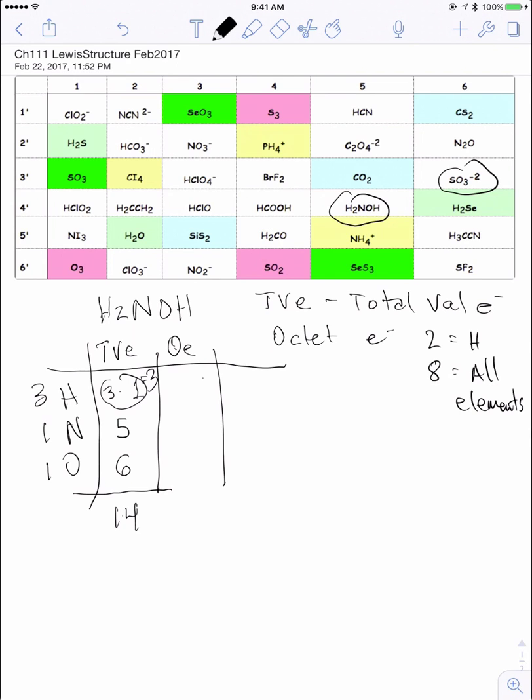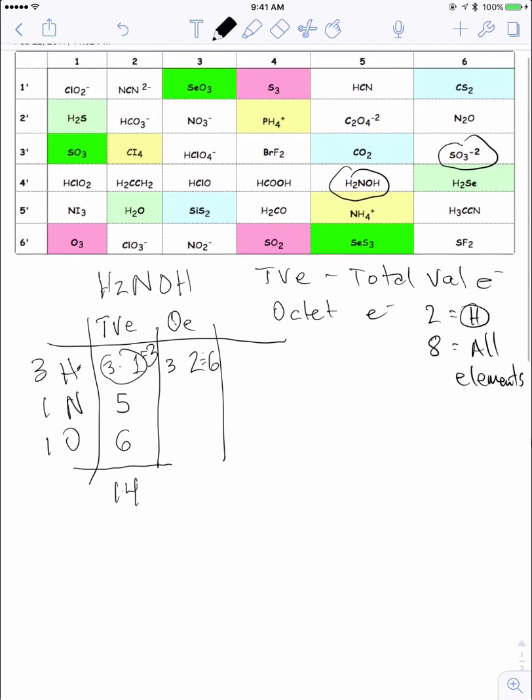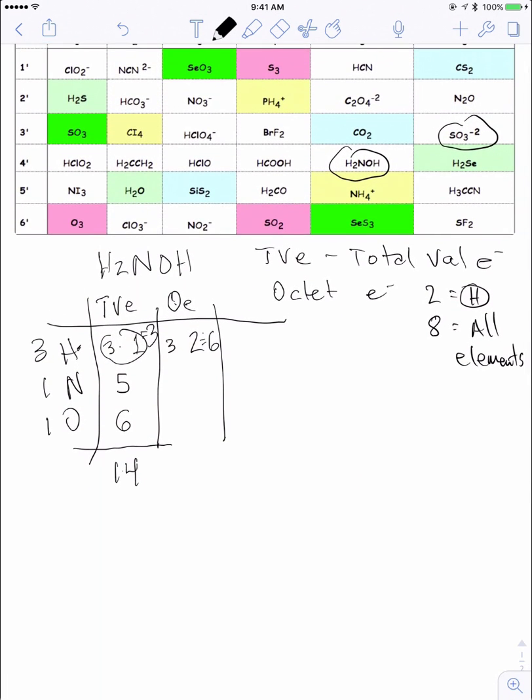Now for hydrogen, I said that was 2, but there are 3 of them, so that's a total of 6. So each of these hydrogens right here can have, that's basically fulfilling its octet or its valence shell roles. Hydrogen first 2, since there's 3 of them, it's 6. Nitrogen, it's one of these other elements, it's 8, and oxygen, that's 8 as well.